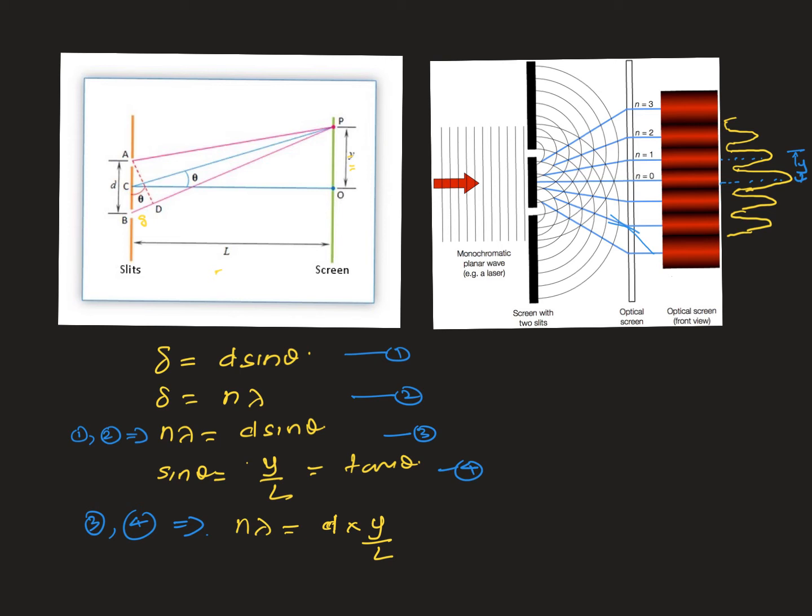Say for instance, if you want lambda, it is equal to d y over n L.